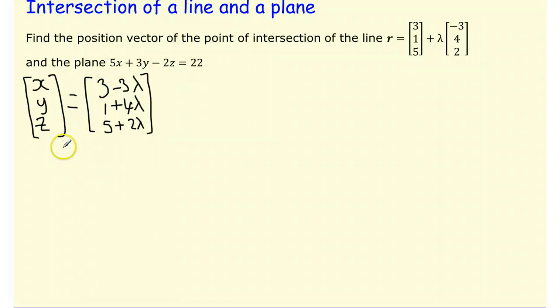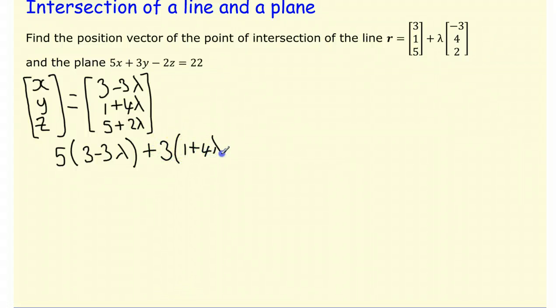So I'm going to have 5 times (3 take away 3 lambda) plus 3 times (1 plus 4 lambda) take away 2 times (5 plus 2 lambda) equals 22.